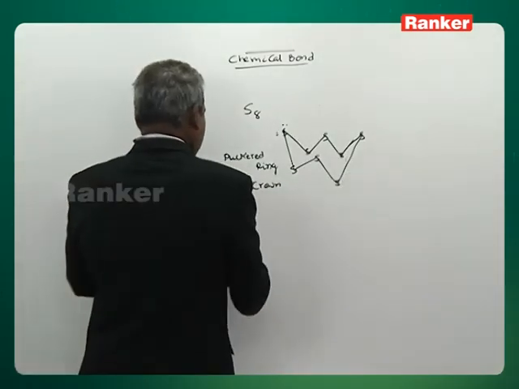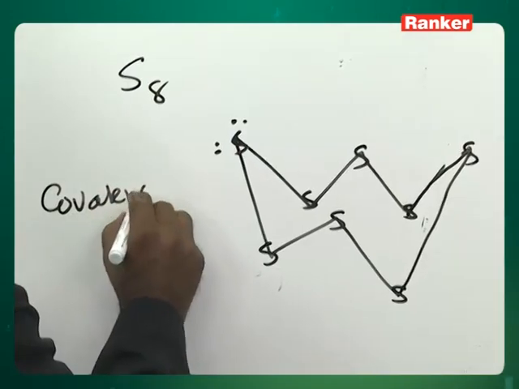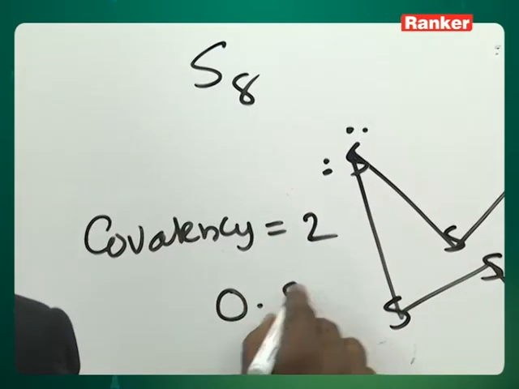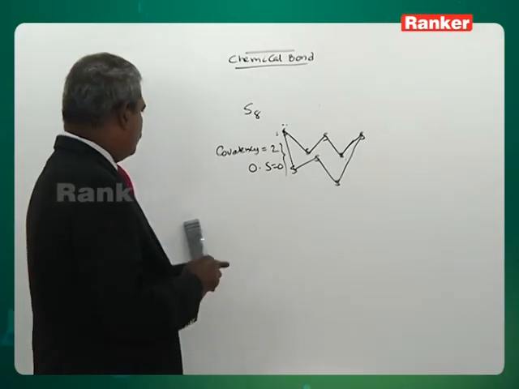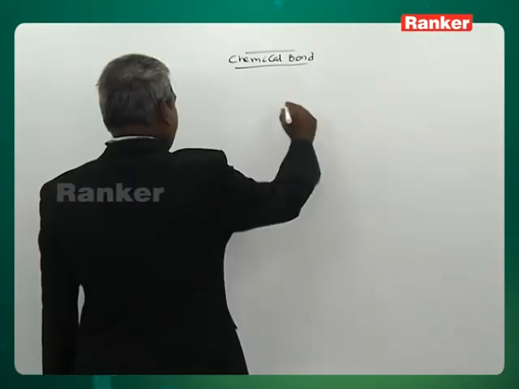What is the covalency of sulfur here? Covalency. Each sulfur is forming two bonds, but it is not winning an electron, it's not losing an electron.